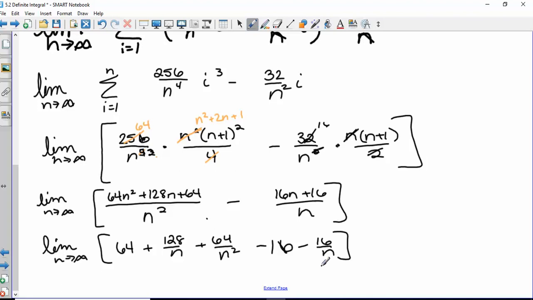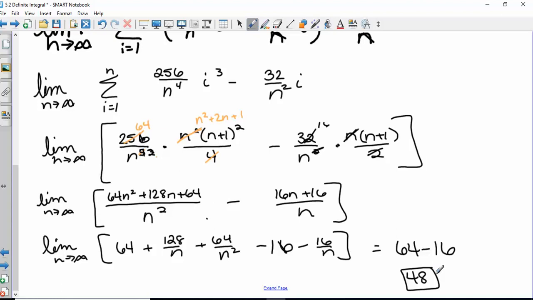All right, now we can do our limit. If n goes to infinity, everything with an n on the bottom drops, turns into a 0, so we're left with 64 minus 16, or 48.